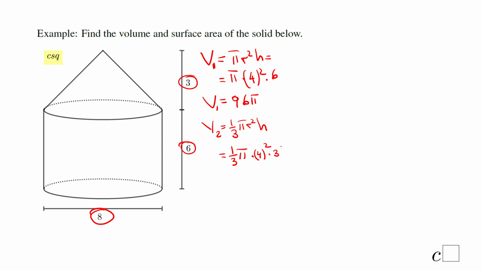So we can really do this simplification here. 4 squared will be 16 pi. Okay, so the volume of the composite shape will be 96 pi plus 16 pi, which is 112 pi cubic units.